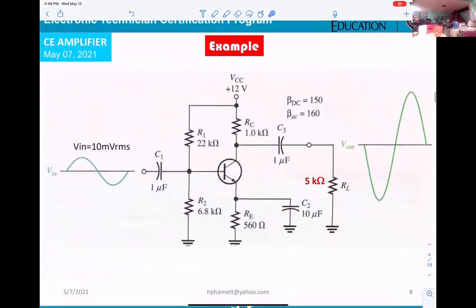Okay, and now they give you the sine wave of 10 millivolt here. And you can see the output will be a bigger sine wave, but it will be 180 degrees out of phase. So they give you the beta DC of 150 and the beta for AC of 160. If they don't give you the AC one, you can use the same beta for all.